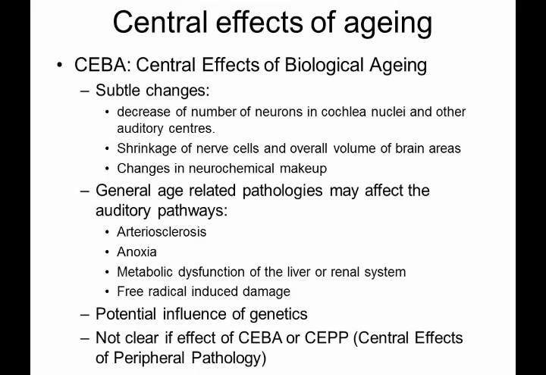General age-related pathologies may affect the auditory pathways. This is arteriosclerosis, so the stiffening of veins. Anoxia is oxygen loss, metabolic dysfunction of the liver, free radical-induced damage, like in the strial auditory damages.